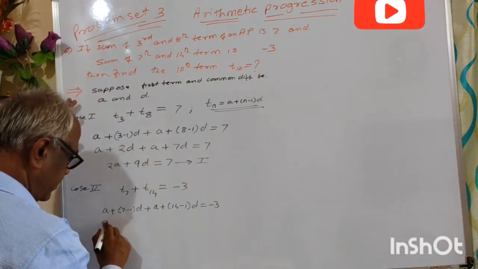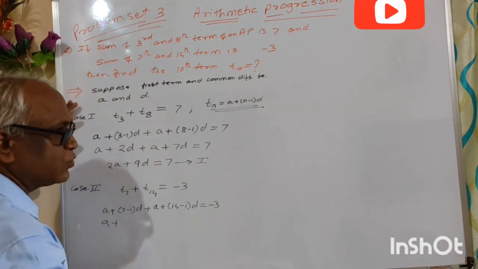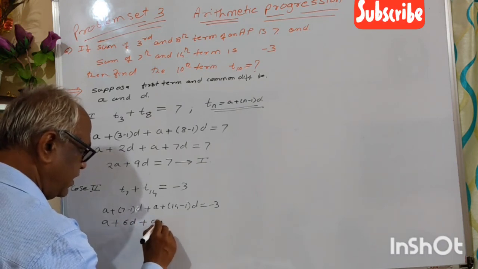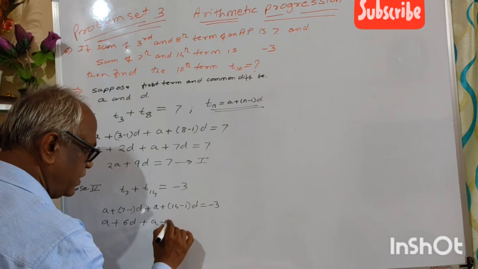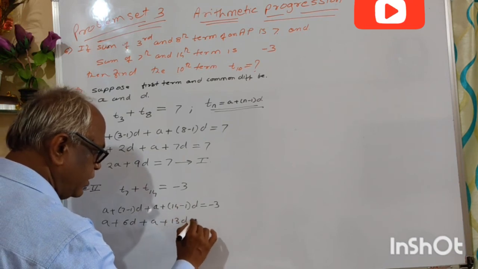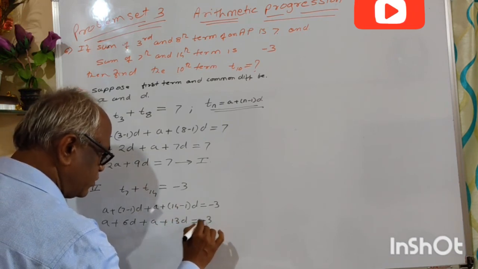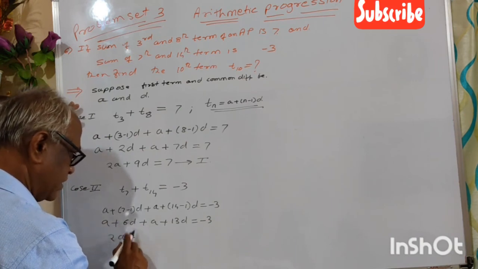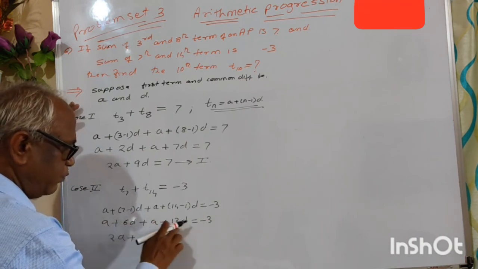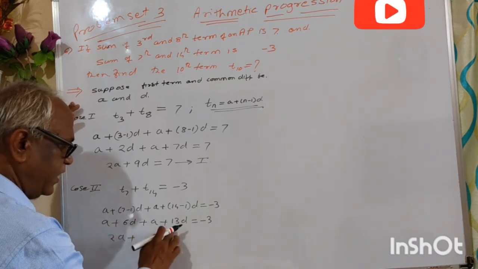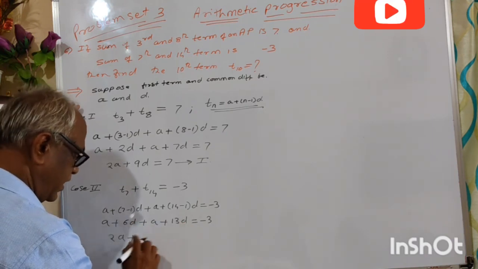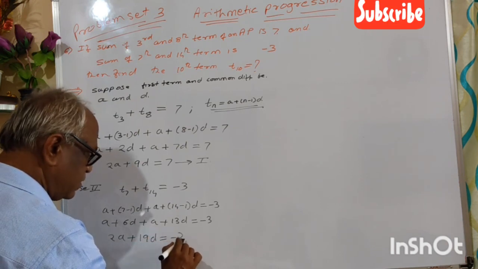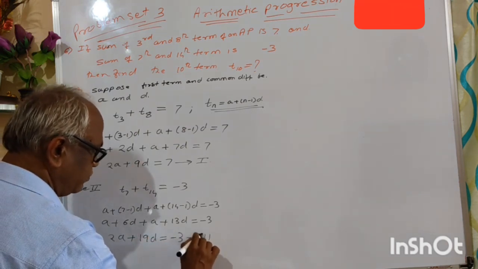Now A plus 7 minus 1, that is 6D, plus A plus 14 minus 1, that is 13D, is equal to minus 3. A plus A, 2A, plus 6D plus 13D, that is 19D, is equal to minus 3. This is equation number 2.